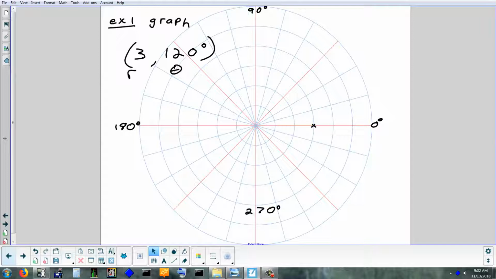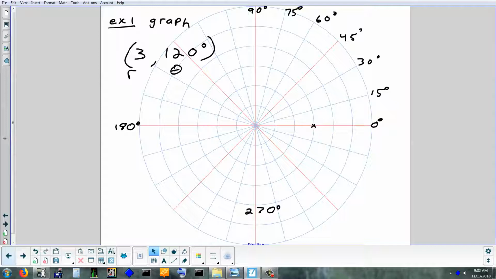Now on my grid, each radial line coming from the center is 15 degrees. They don't have to be set up like that. You can draw more or you can draw less. But that's how my graph paper is. I'm not going to label all of them, but you get the idea. So I've got to go 120 degrees. So how far past 90 do I have to go? How many degrees? 30.